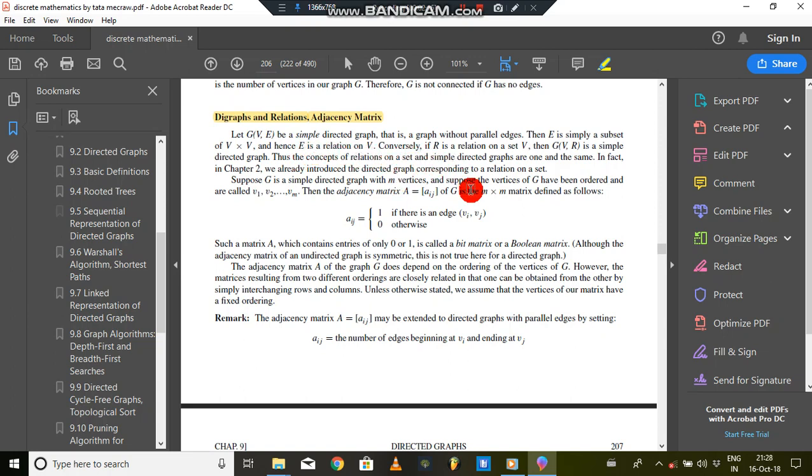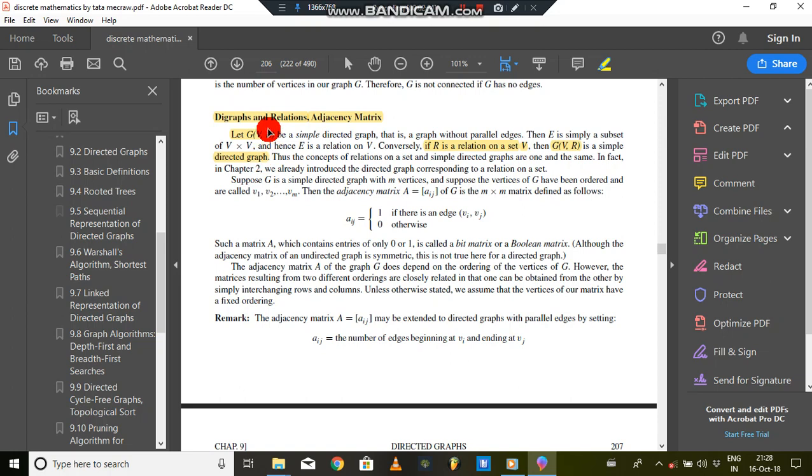If R is a relation on set V, this condition applies on this graph. Then G (V, R) is a simple directed graph.